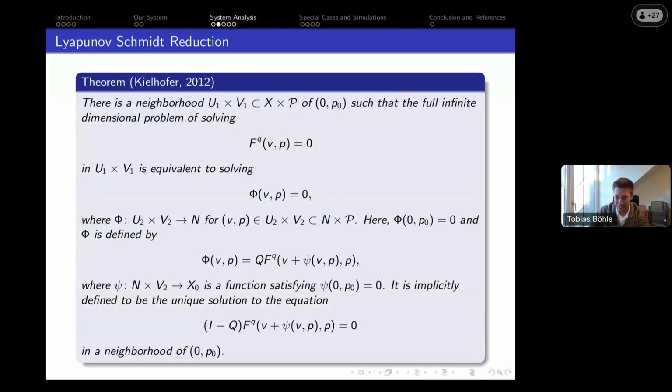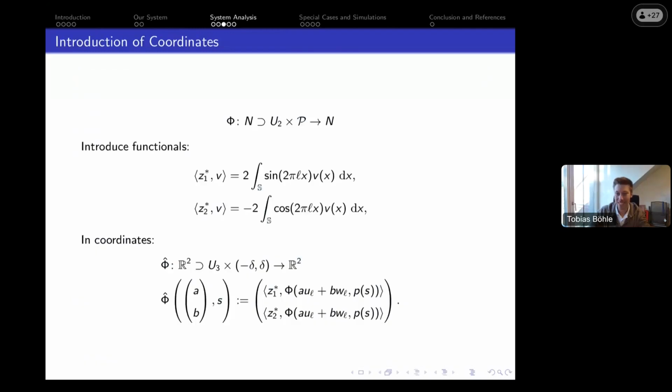So to summarize this, we now have a function phi that maps from a neighborhood U2 of the null space, and it also takes a parameter, into the null space. That's both two-dimensional, but maybe a bit inconvenient to work with because N is a general vector space.